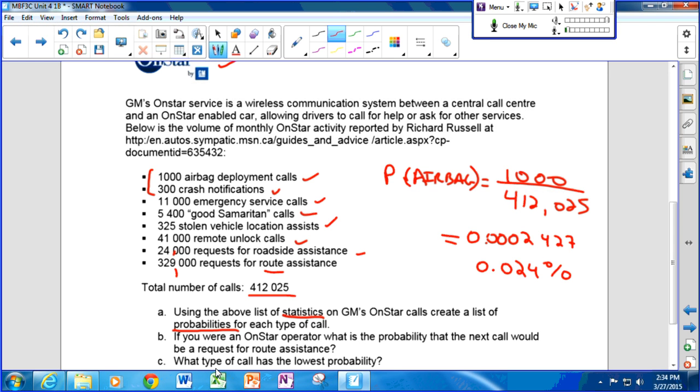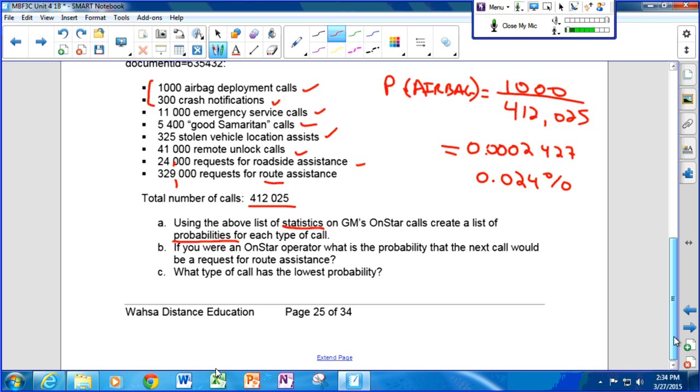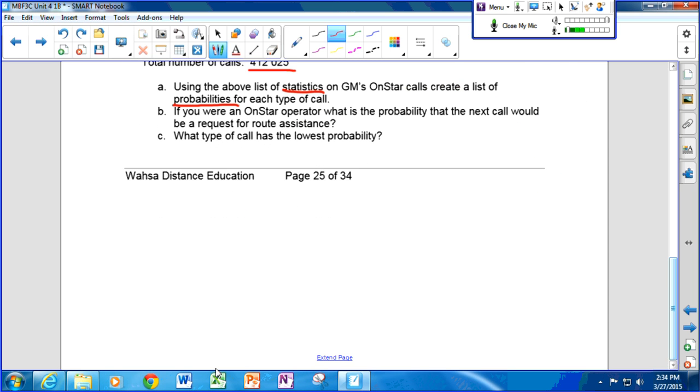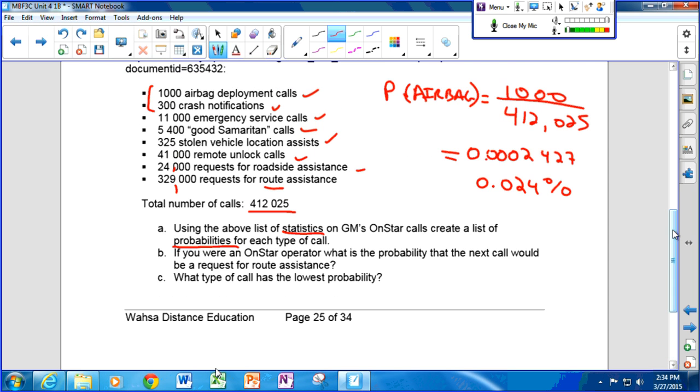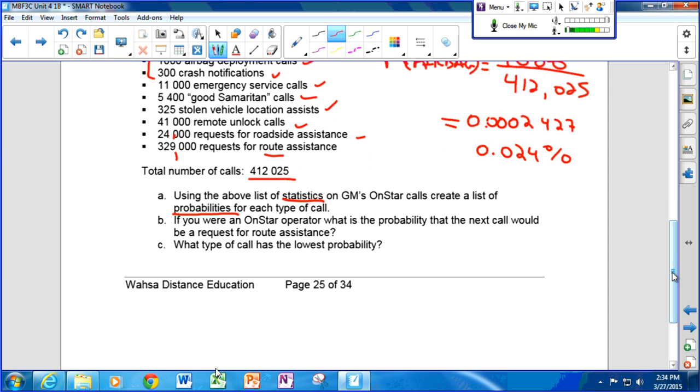Well, I'm going to extend this page. I think we could probably do it that way. But what will actually be a substantial probability, the highest probability? The probability, I think, of a request for route assistance, directions.